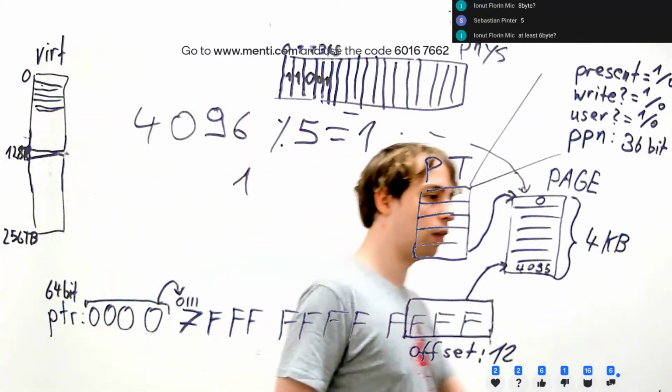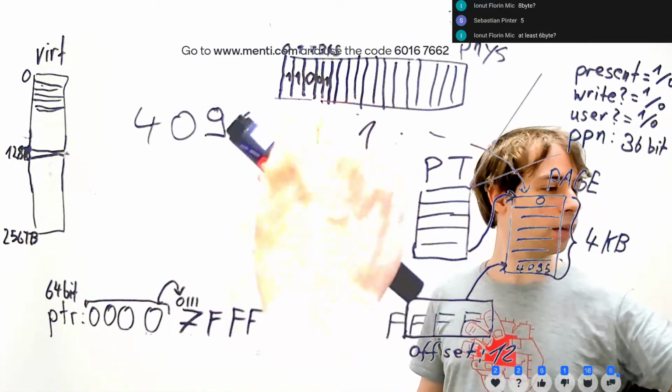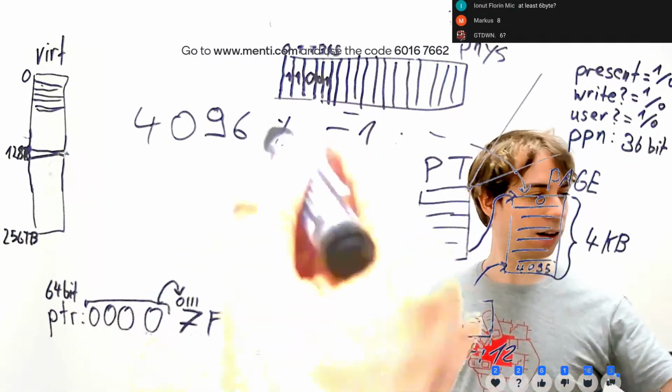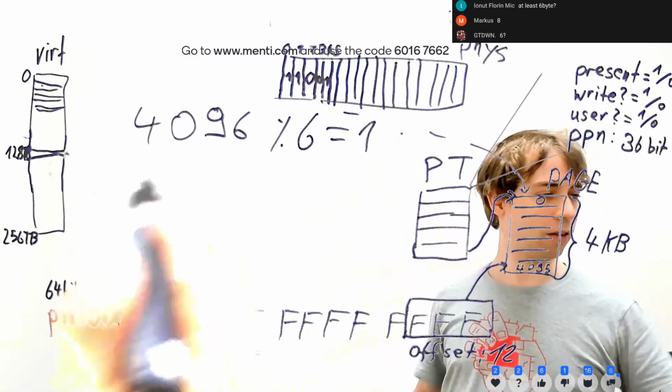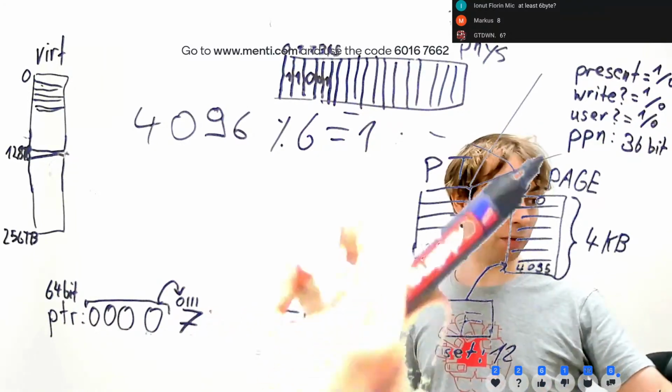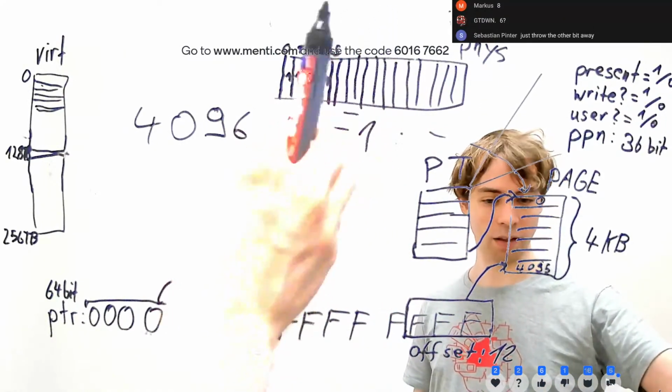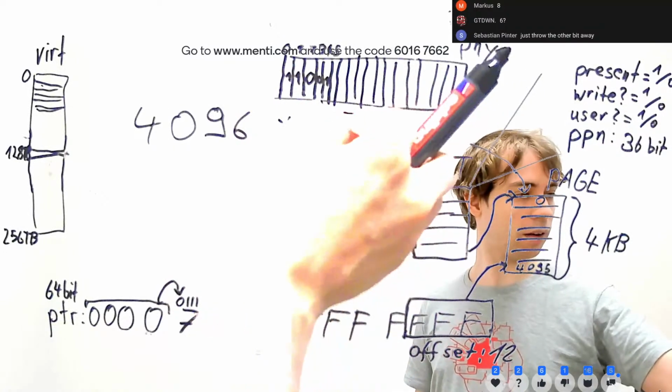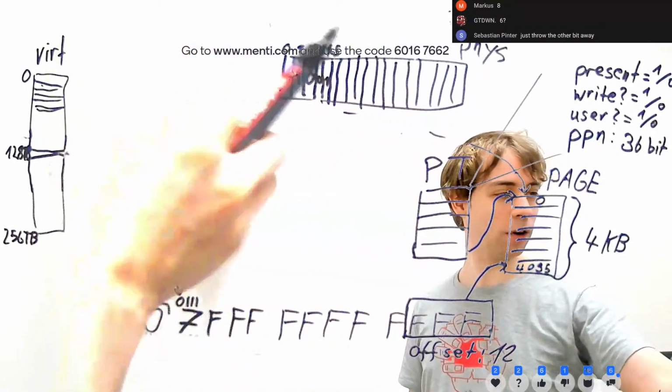This is not a nice number. Let's try the same with 6. Is 6 a better number? With 6, we have 2 bytes left over. Oof. 7, maybe? No, 7 will also not be nice. Okay, what do we do?